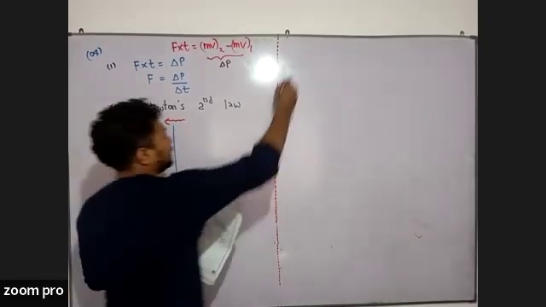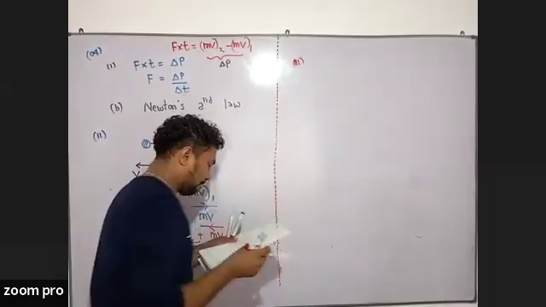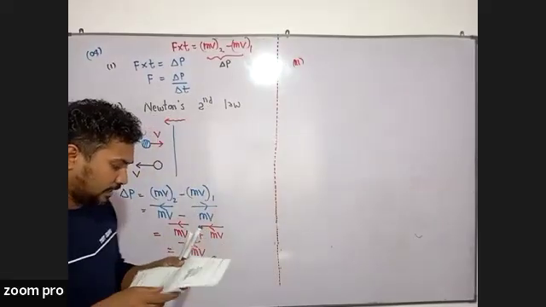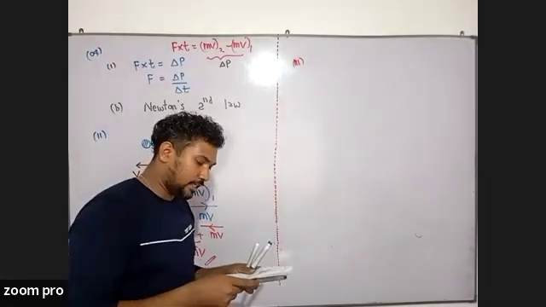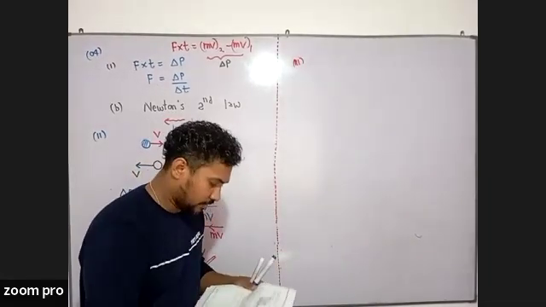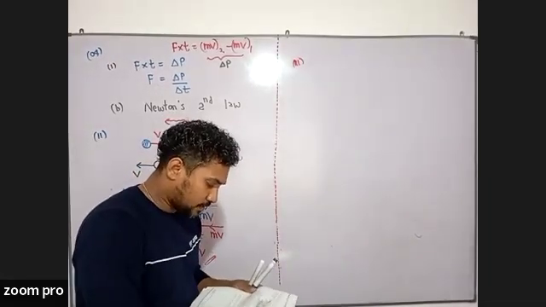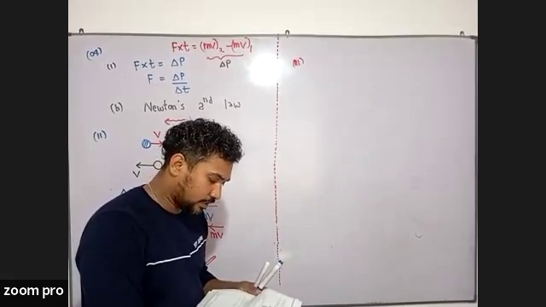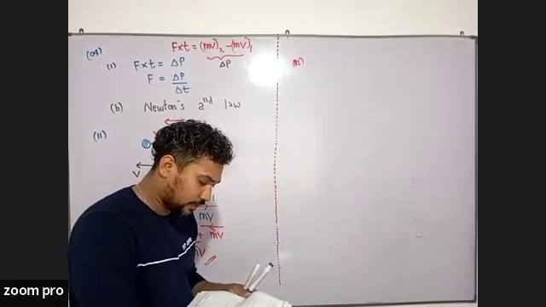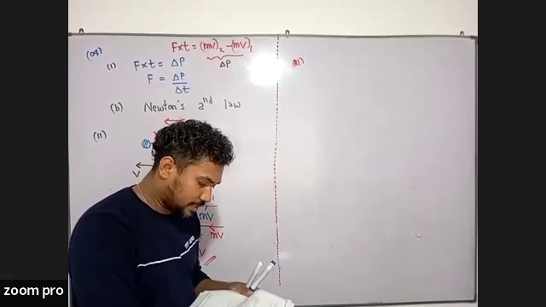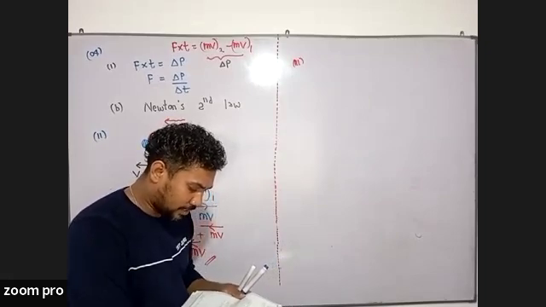Right. So in the third part of this question, the graph below shows how the unbalanced force exerted by the surface on the air molecules varies with time. How to find the impulse acting on the air molecules from the graph?